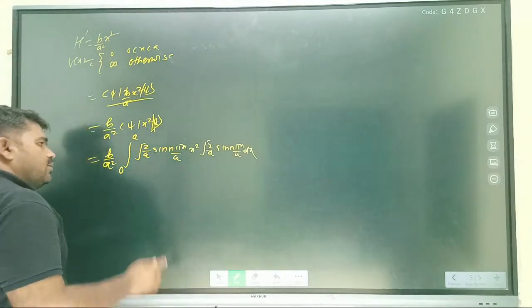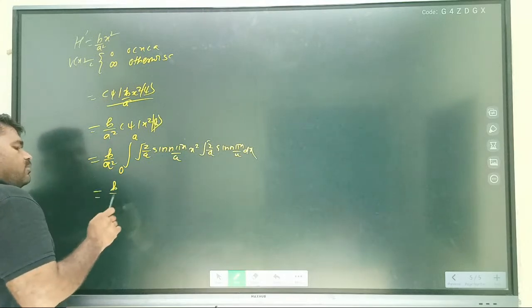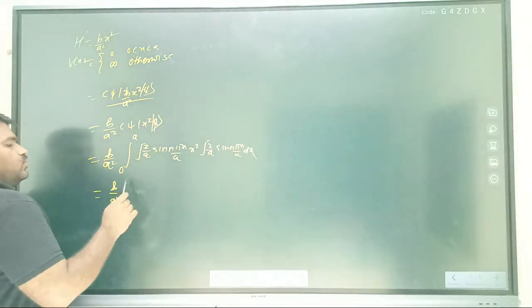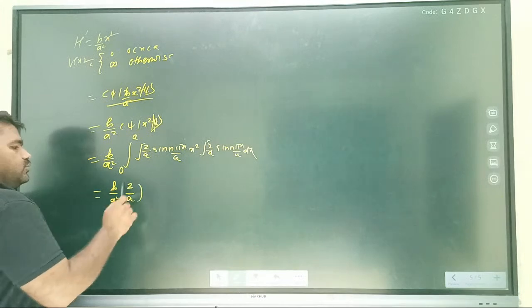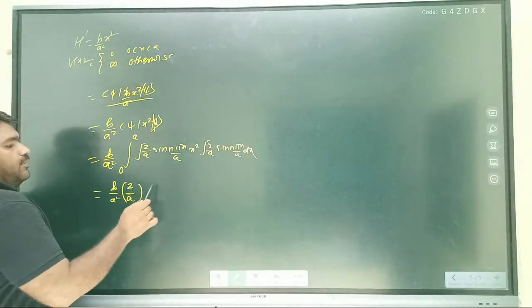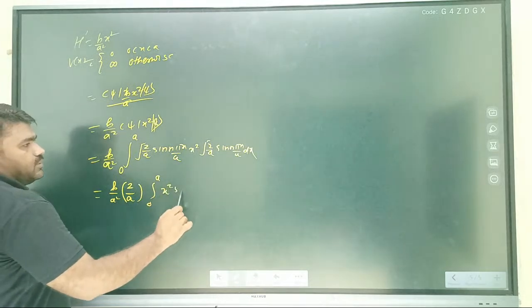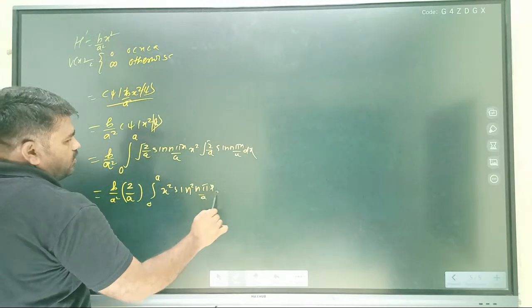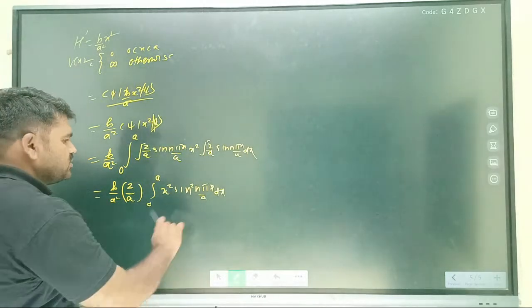Clear? Now root 2 by a, we can write on the root 2 b upon a square into 2 upon a. Here limit is 0 to a, here x square into sine square n pi x upon a into dx. इसे थोड़ा सा सिंप्लीफाई करिए.